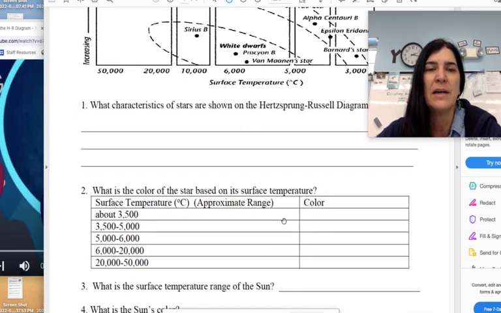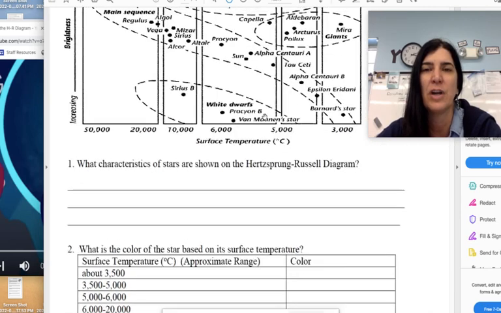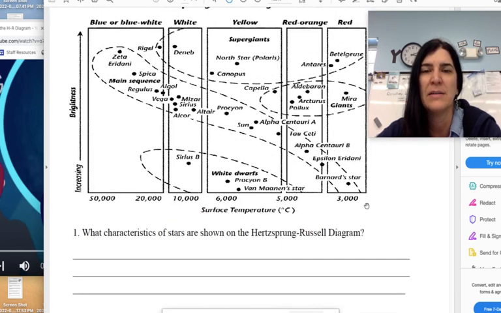Then what is the color of the star based on its surface temperature? So the first one, it tells you it's 3,500. What is the color of the star? So you go here on the x-axis and look at 3,000, and then look at the top. What does it tell you? Red. Very good.